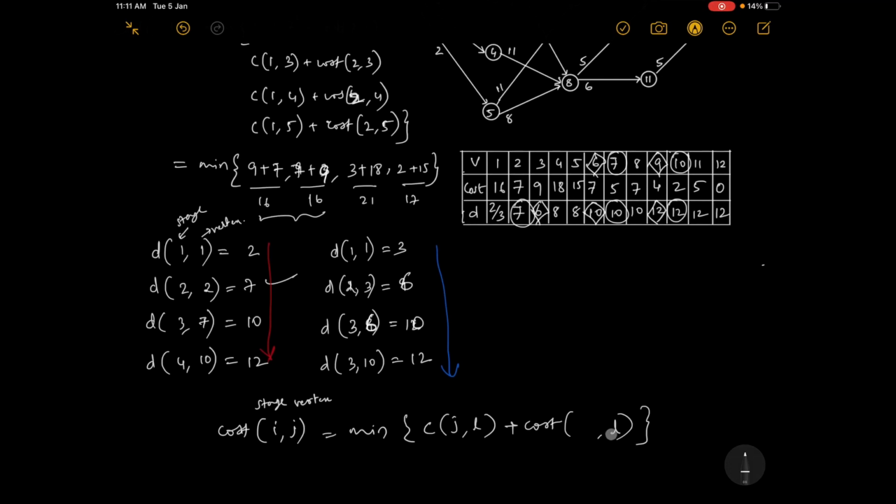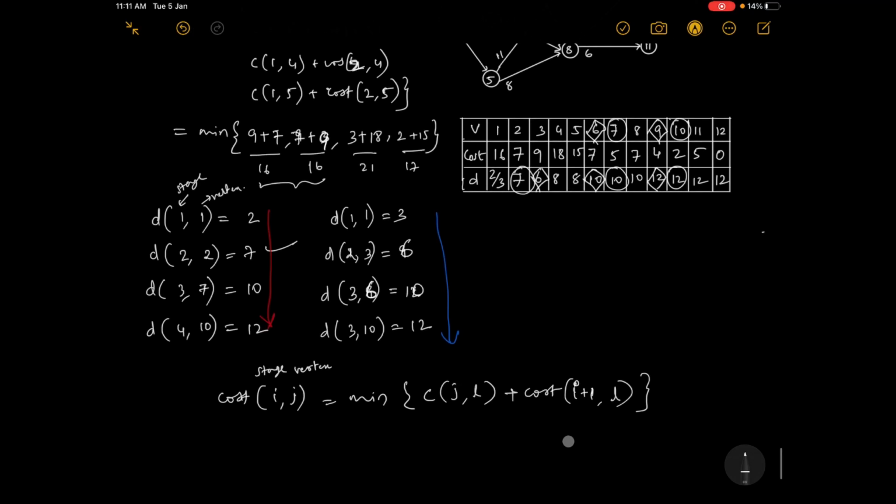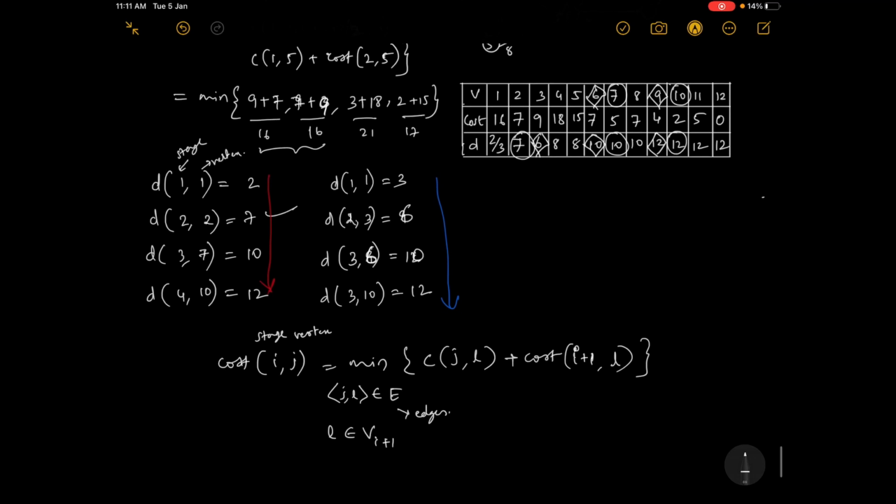Next, what is this actually? Stage. I is the present stage, then this has to be i plus 1. So this is your formula, where j and l belong to the set of edges, and l belongs to the next vertex or next stage.